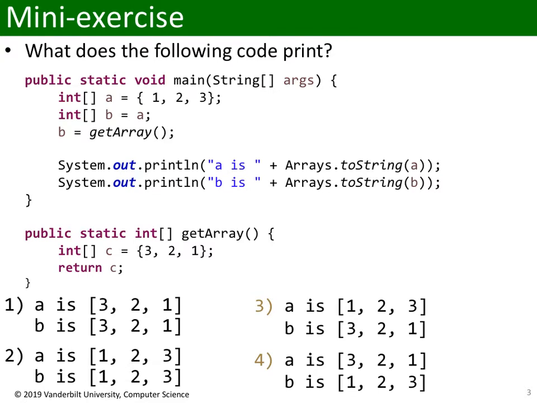So when we print this out and we convert these arrays to strings, A contains 1, 2, 3. However, B contains 3, 2, 1.